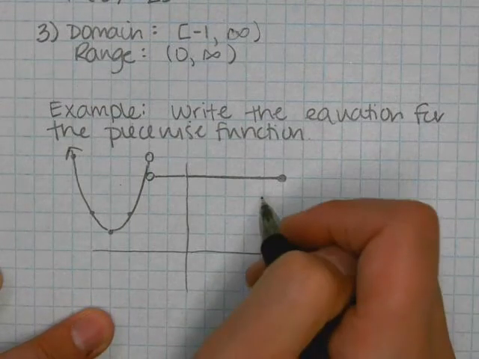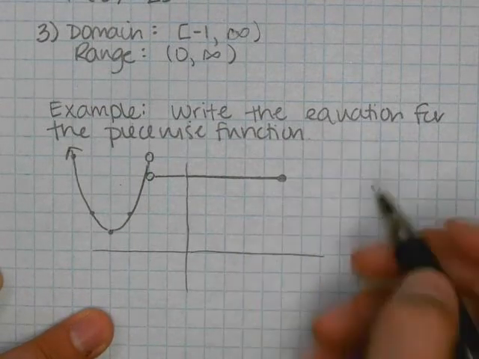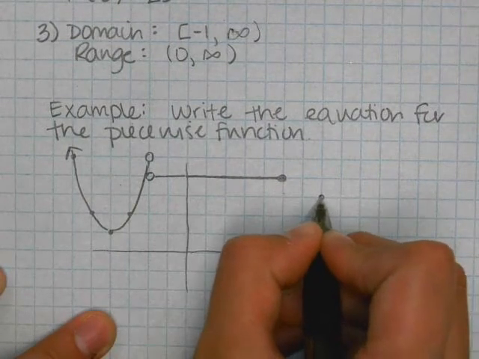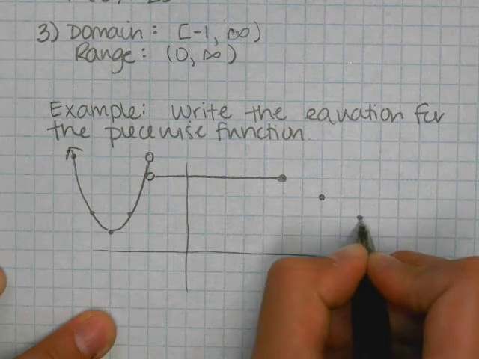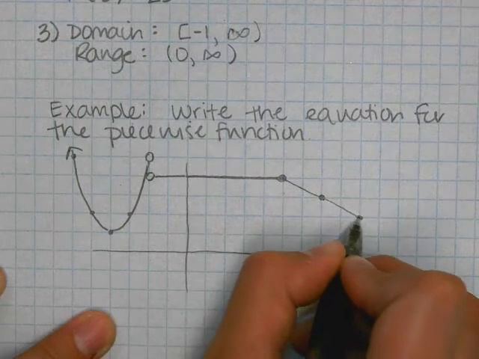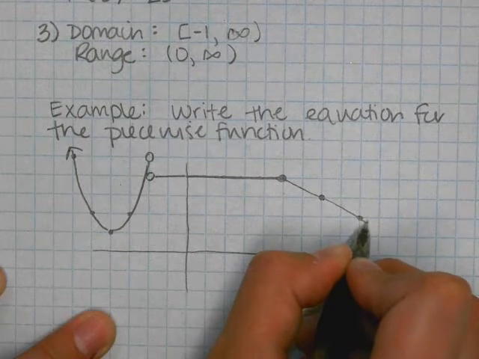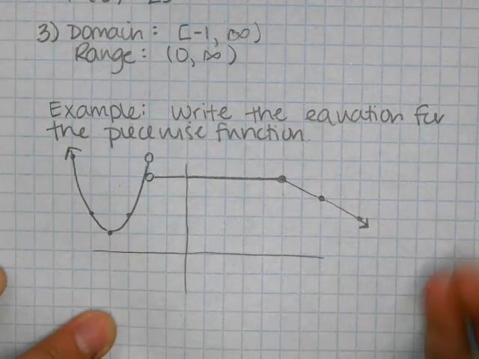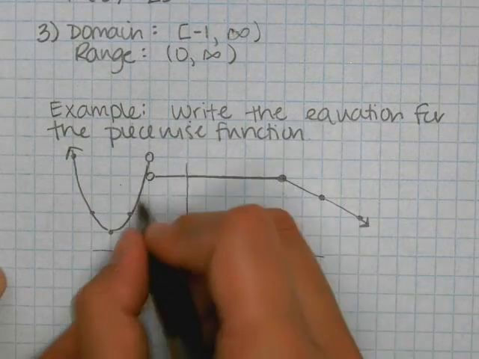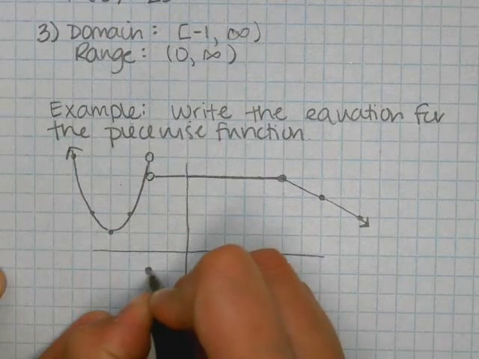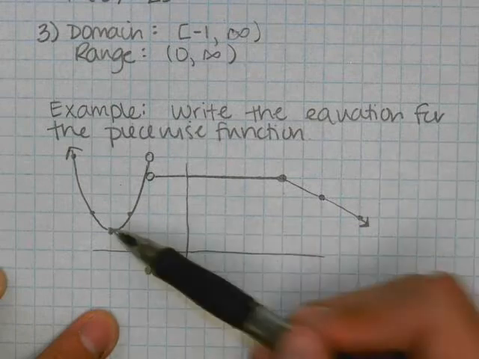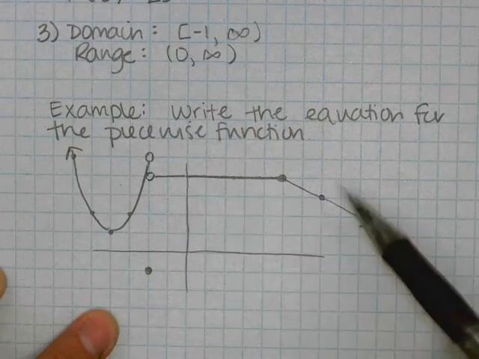And then from here, we're going to go down 1 over 2, down 1 over 2, like so. Okay. And then right underneath these 2 open circles, we're going to go down here and put a dot right there.